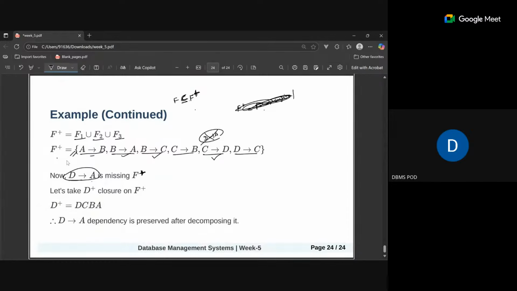So what we'll do, we'll take a D plus closure on this F plus. If you take D closure in this dependency set, what you will get is C, DC.